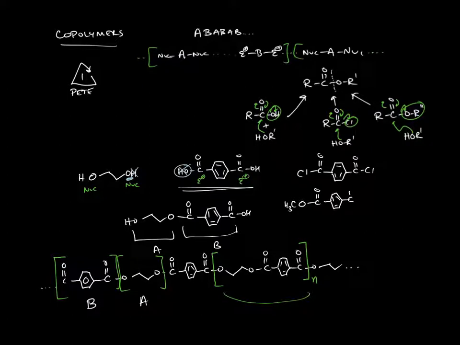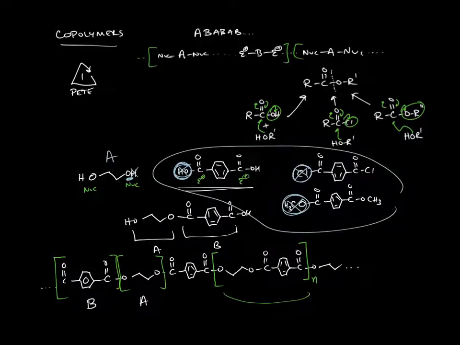And any of these ways would work, because in all of these cases, you're just going to kick this part off, and this part off, and this part off. So you wouldn't see any evidence of your leaving group in your product, because it would be gone in any of those cases. So no matter which one, let's say this is A, any of these guys could be B, because we could just put them together again.